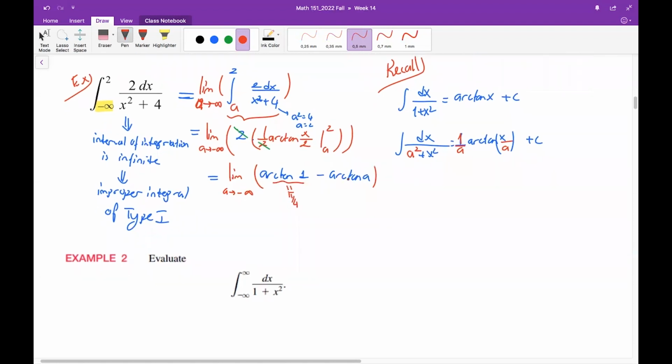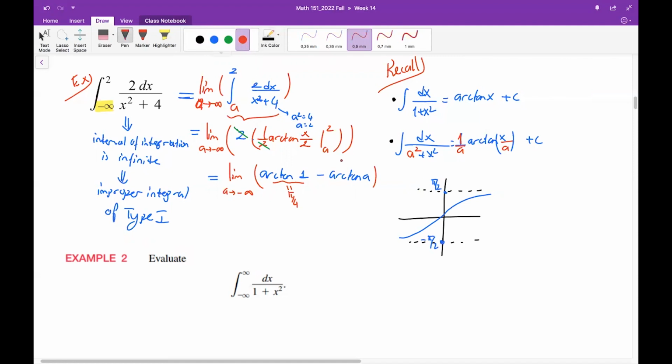So what is arctangent a as a goes to minus infinity? You need to remember now the graph of the arctangent function. Okay, it lies between minus pi over 2 and plus pi over 2, if you remember. Its graph is like that, where this is pi over 2 and this point is minus pi over 2.